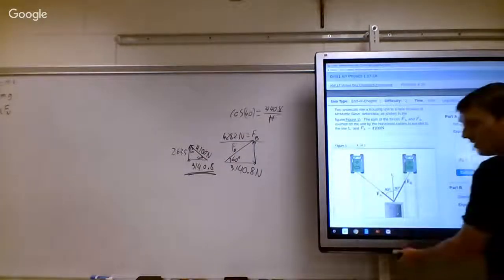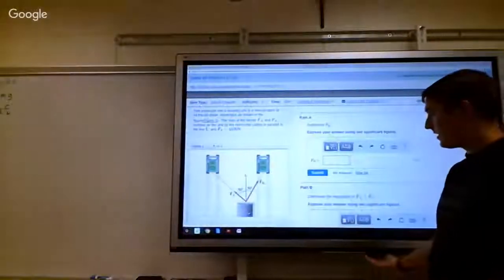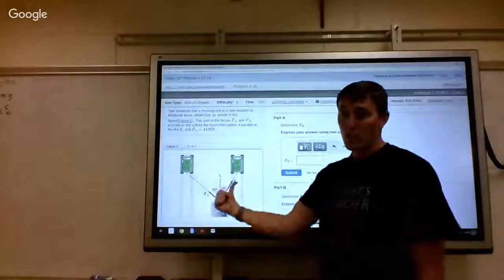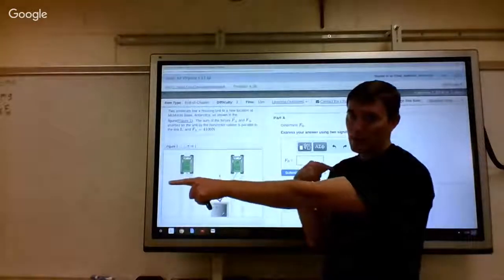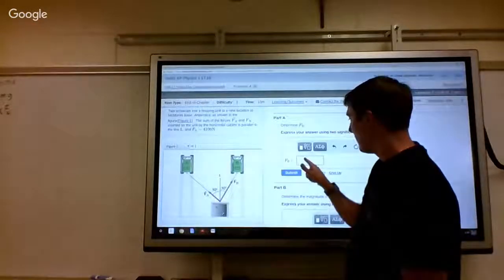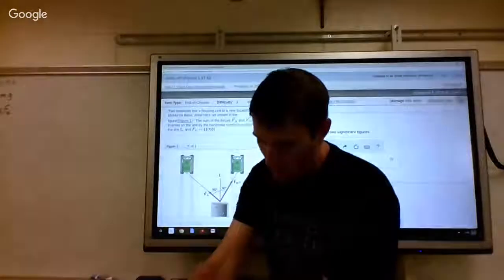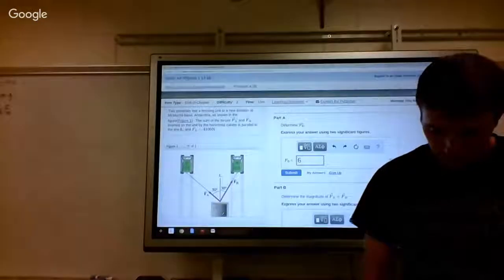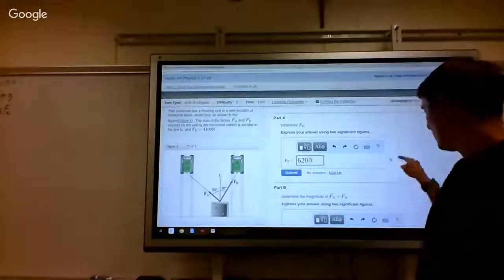The whole key to doing all that is that the horizontal piece of A is equal to the horizontal piece of B. They're equal and opposite, action and reaction type things. So according to my number that I just had, with two significant digits, it's 6200 newtons over here.